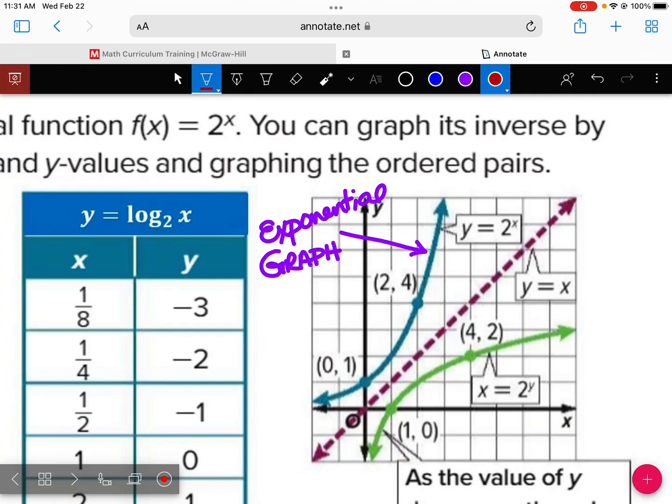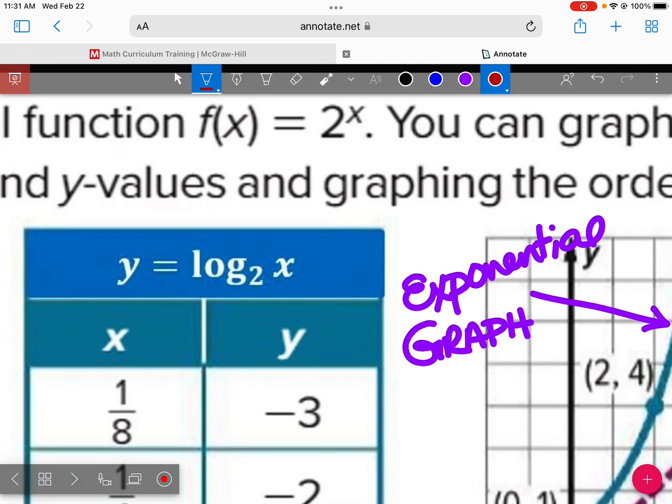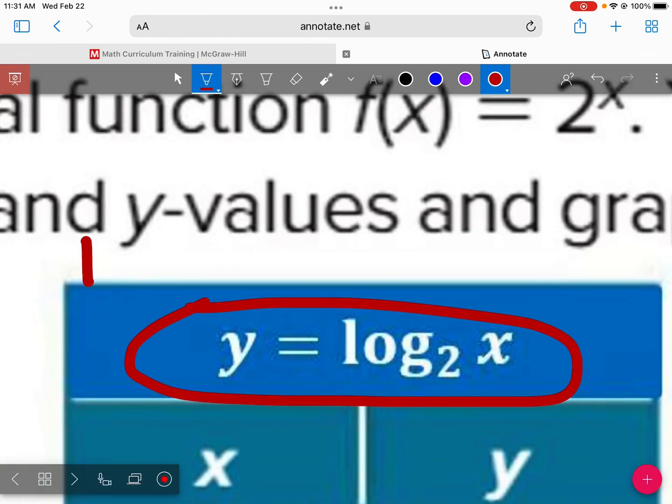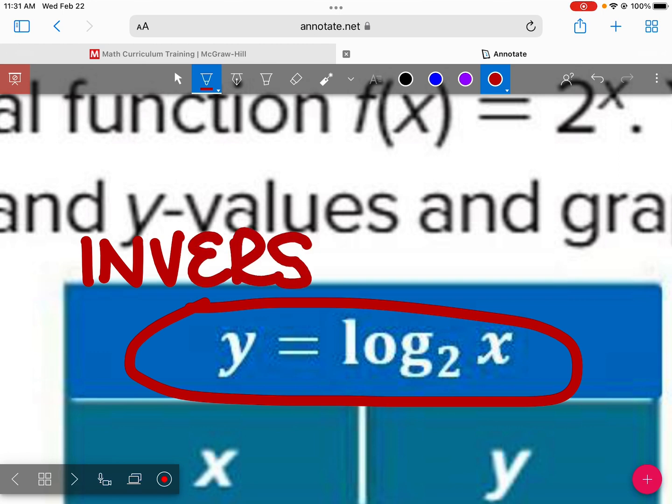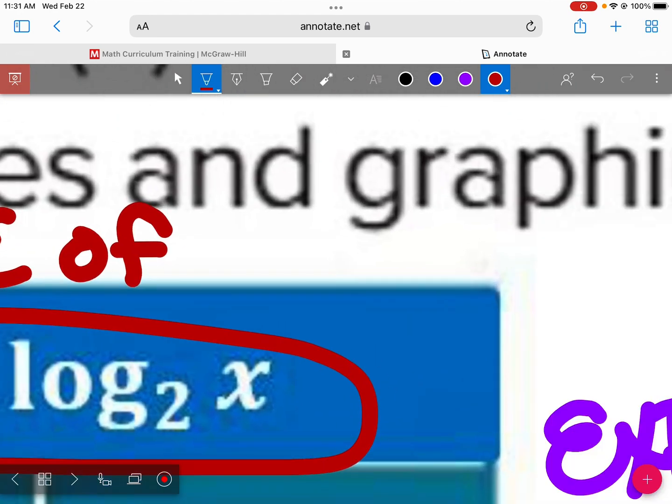Yesterday, one of the things that we learned is that a logarithm is the inverse of an exponential.